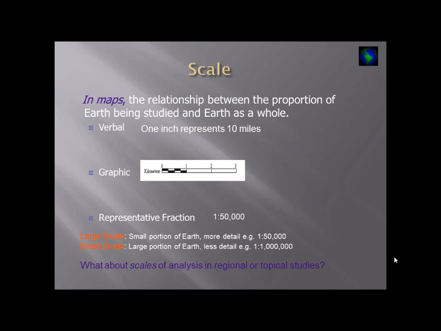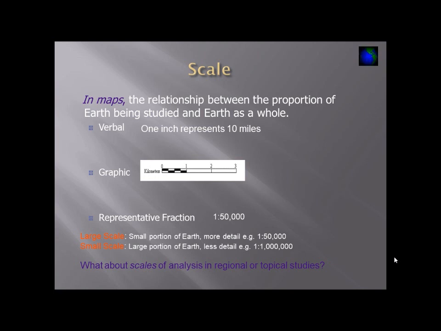Scale is something you need to understand. In maps, the relationship between the proportion of Earth being studied and the Earth as a whole is represented by scale. So if you look at a map that has a scale on it, that scale indicates the distance between 2 points on the Earth's surface relative to that piece of paper.